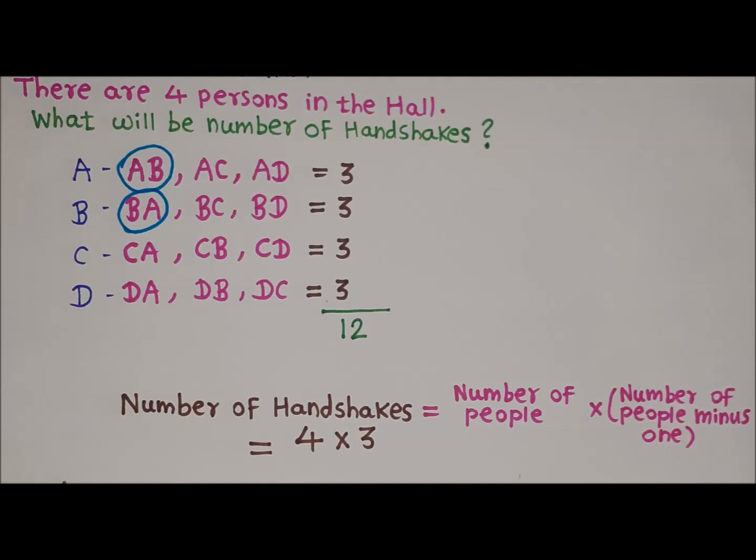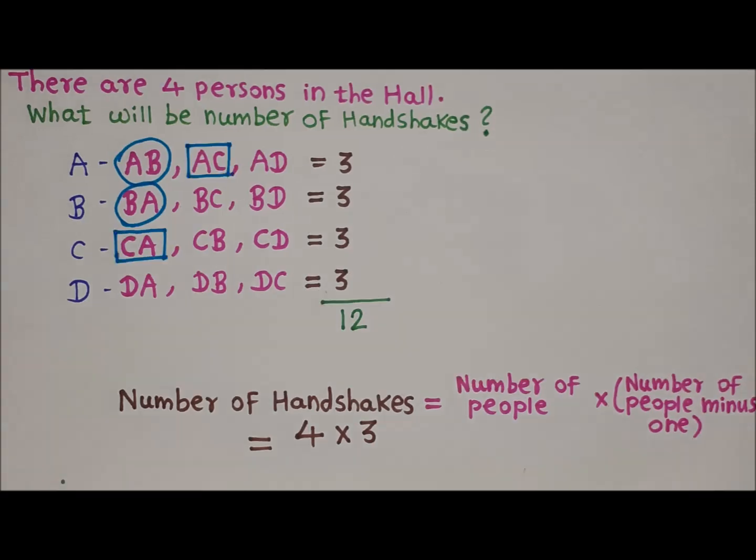In short, repeated handshakes are not expected. Hence, the handshake between A and B, AB and BA, should be counted as just one handshake instead of two. Similarly, such repeated handshakes are highlighted by the same symbol.